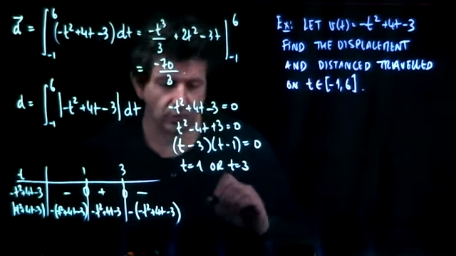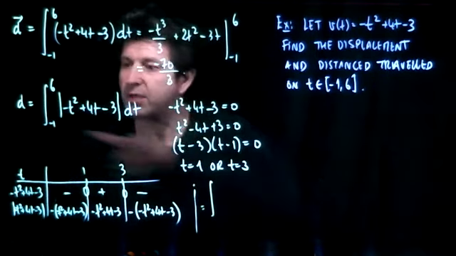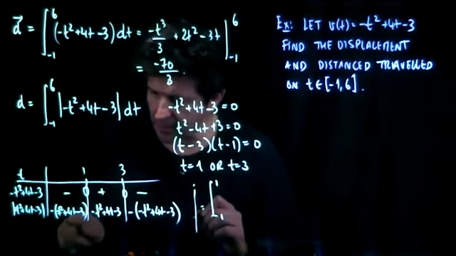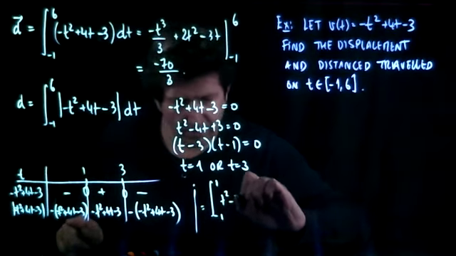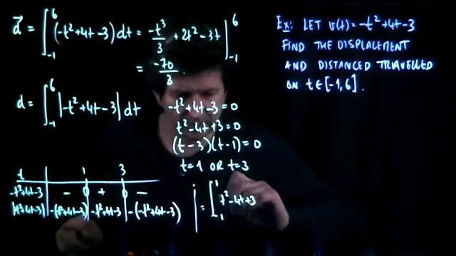Okay, so what does my integral become? So I start at -1. So from -1 until 1, it's this function here, which is t squared minus 4t plus 3. So I change the sign right away inside.